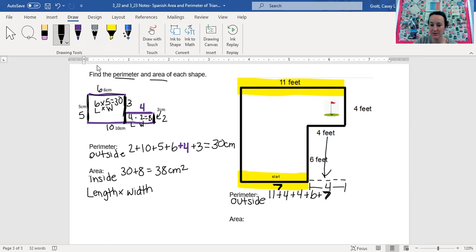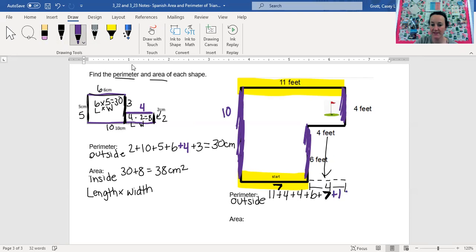I'll try to make it heavy like what we did down below. And then this length is still part of the outside. So this needs to be part of my perimeter. So all of this length is going vertical, up and down. If I take 6 and add the 4, if I put these lines together, that's going to get me to 10.